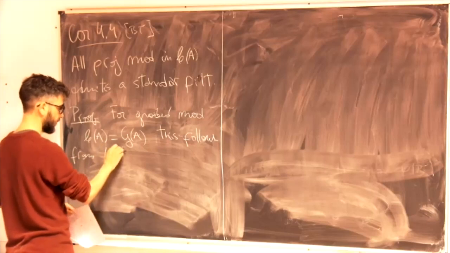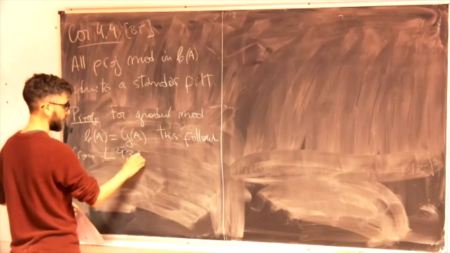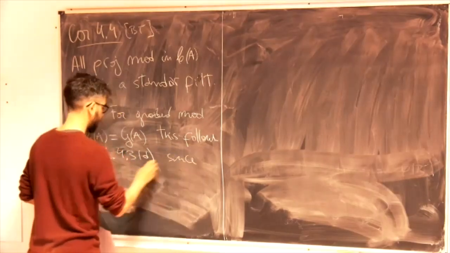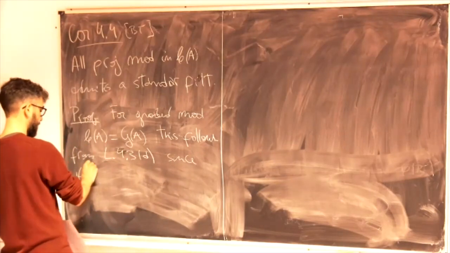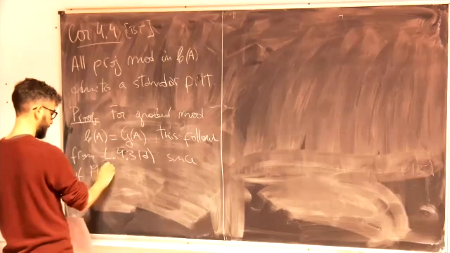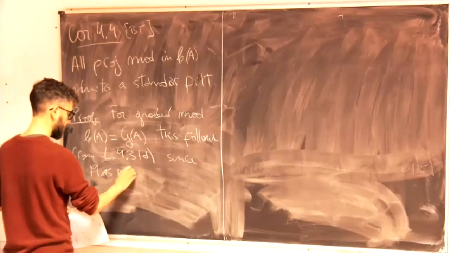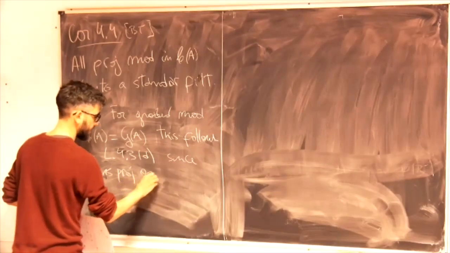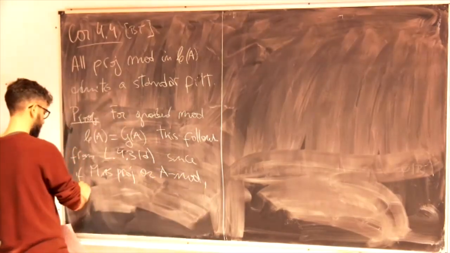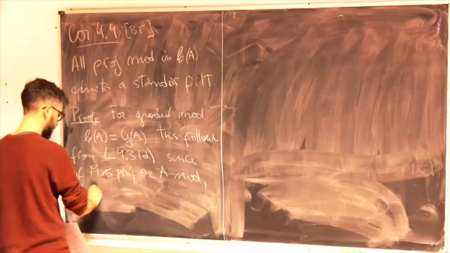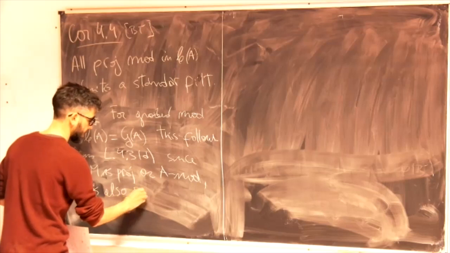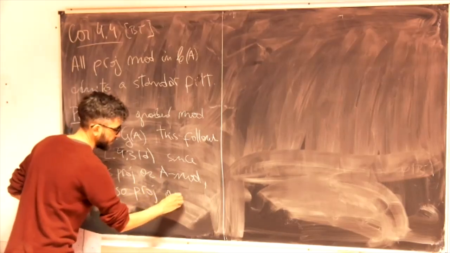Follows from 4T, since if M is projective as an A module, it is also projective as a B minus module.